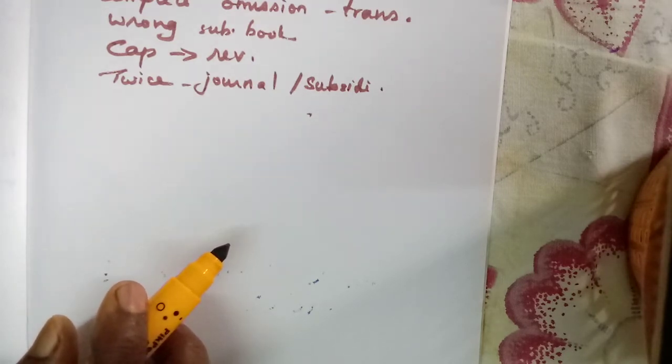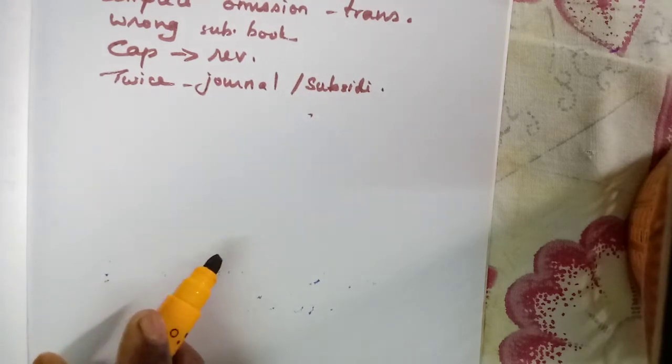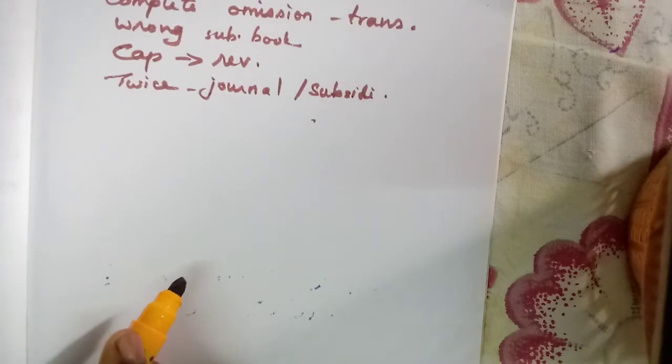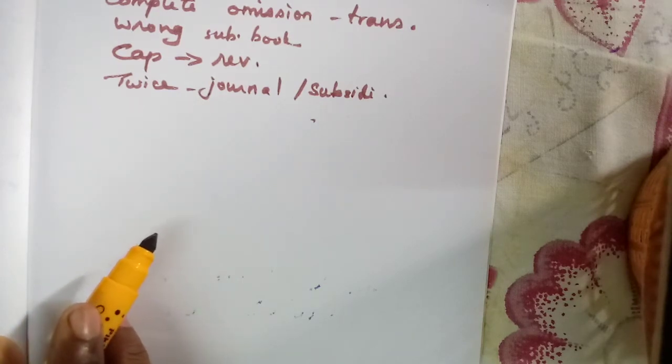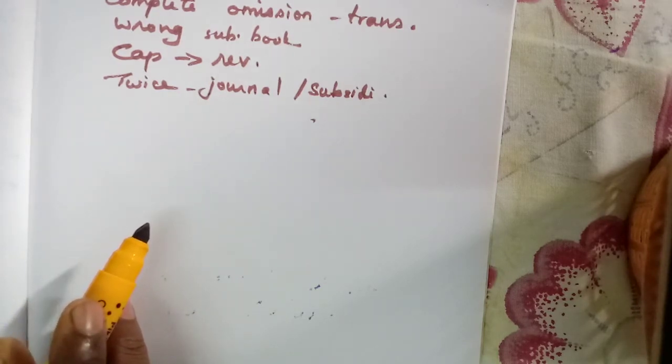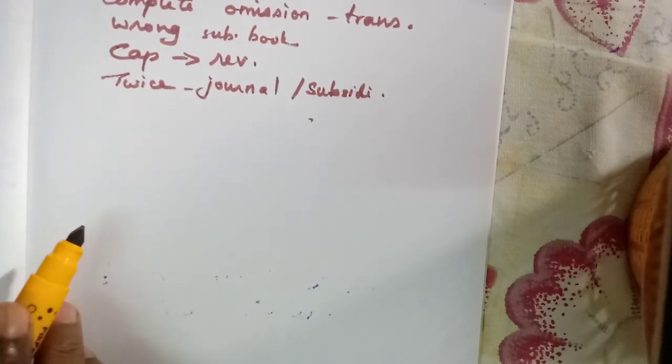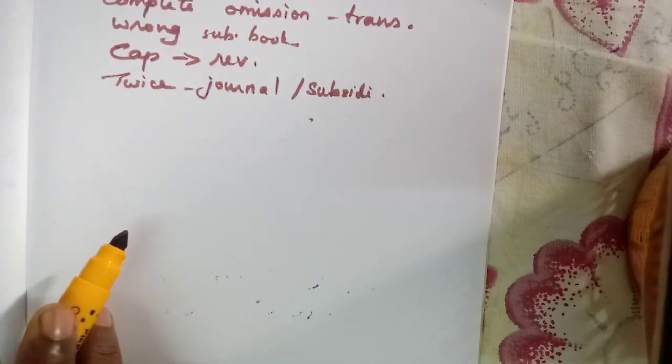If the difference is still there, check the difference amount and divide it by 2, and we will get one amount. That amount can be looked for in the trial balance figures, in case any amount is wrongly entered on the other side. Instead of writing on the debit side, they may have written on the credit side. That can be checked first.